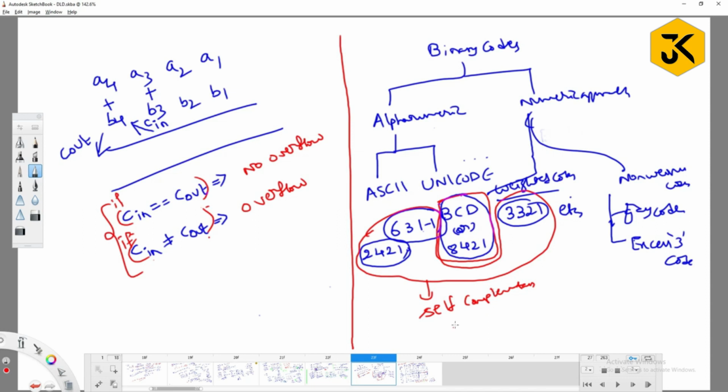And one more thing is, if you add its weights, what is the sum of 2421? 9. What is the sum of 631-1? 9. What is the sum of 3321? 9. If a system is self complementary, its sum will be 9, but not vice versa. If I say it is a self complementary system, its sum will definitely be 9.